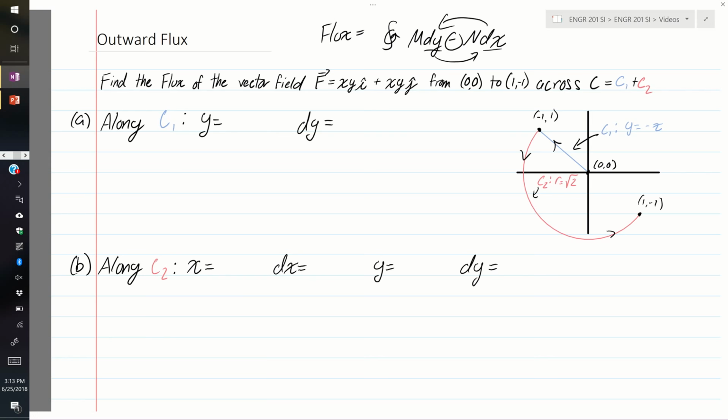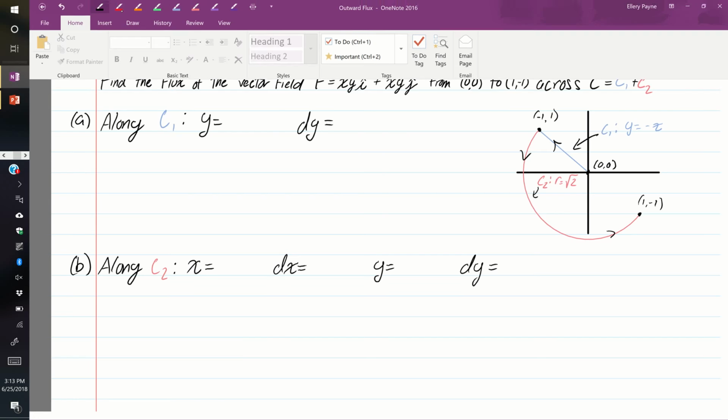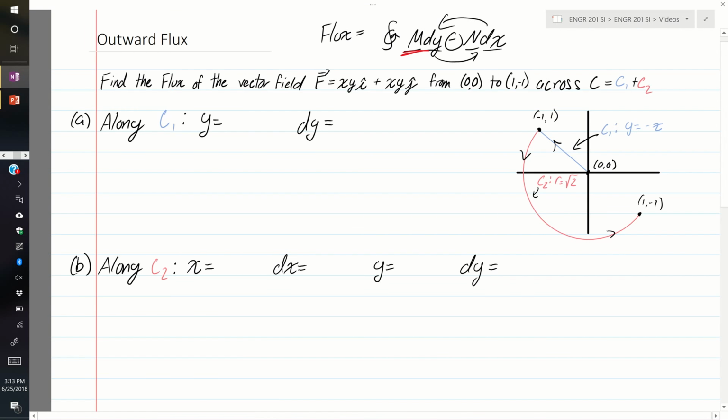So to note, what the M and N are is dependent upon your force. So M in this case is xy, and in this case N is xy as well, but M is for your i component, N is for your j component.